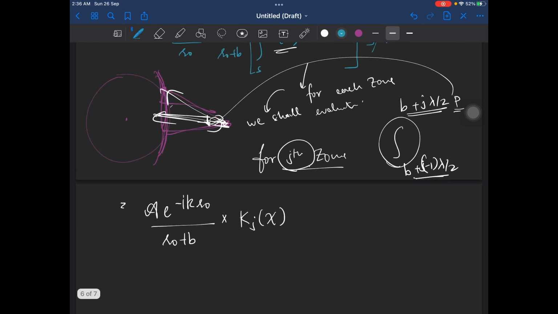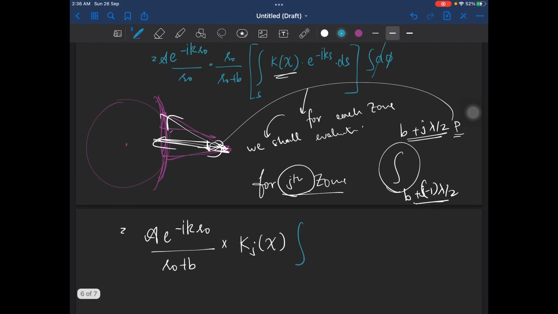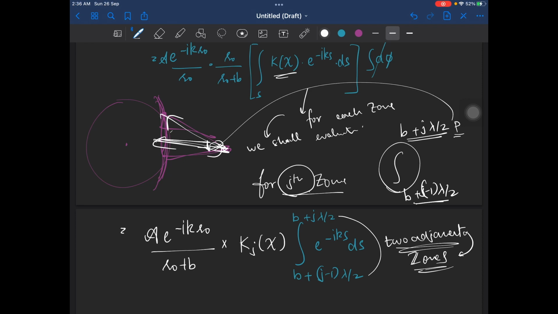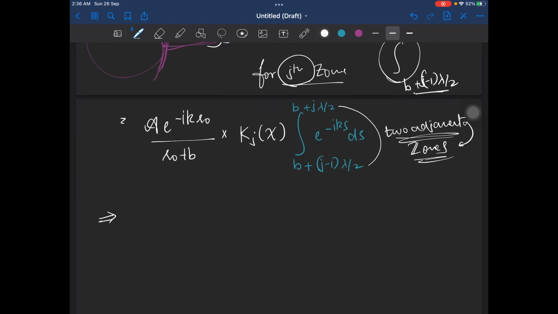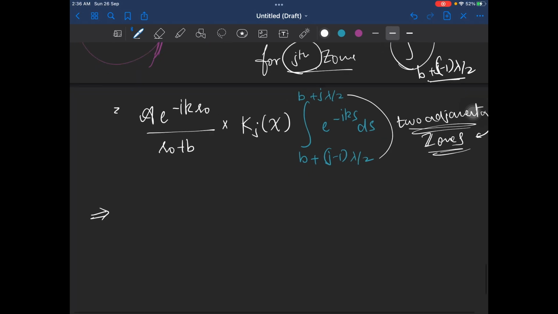For any jth zone, we have e^(-iKS) dS over the zone, between any two adjacent zone boundaries. That's the thing which will be evaluated.